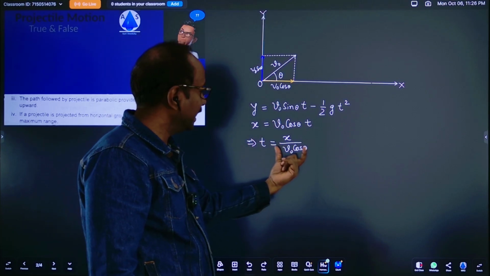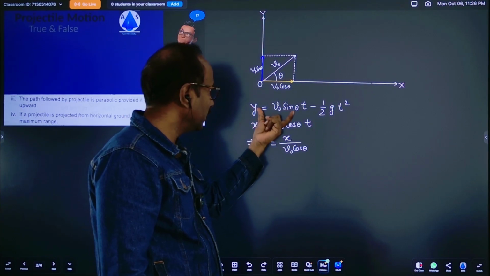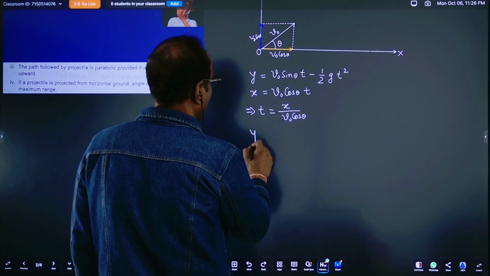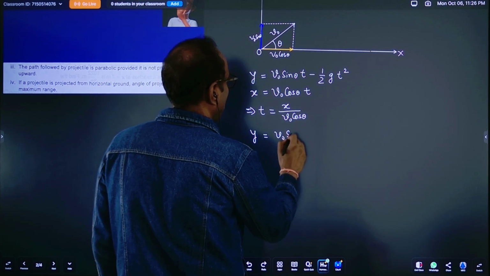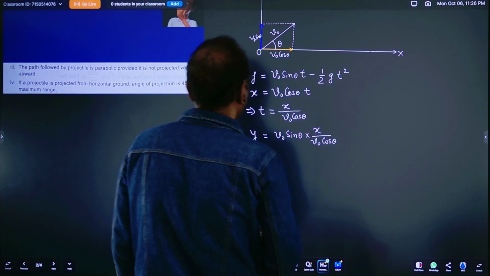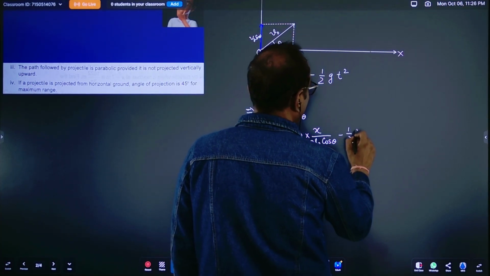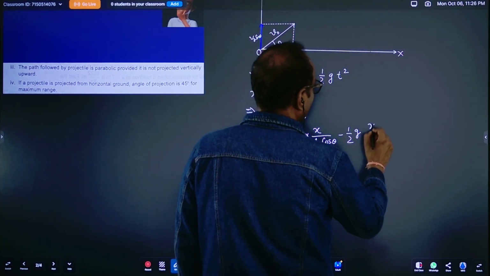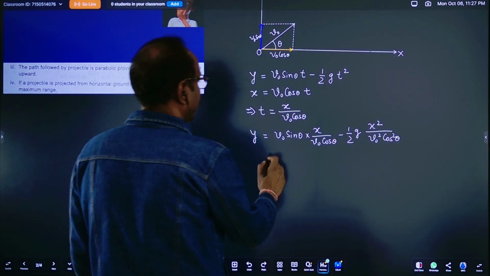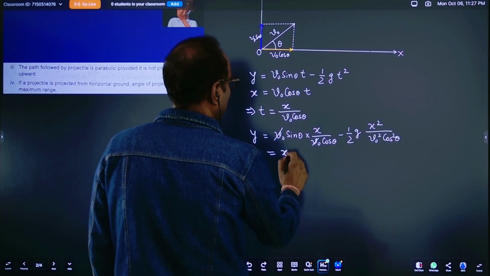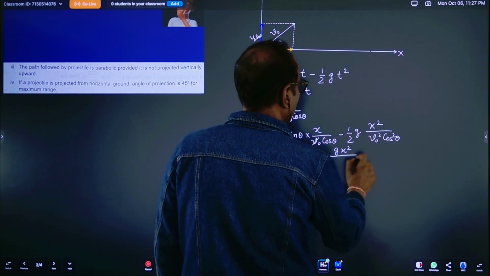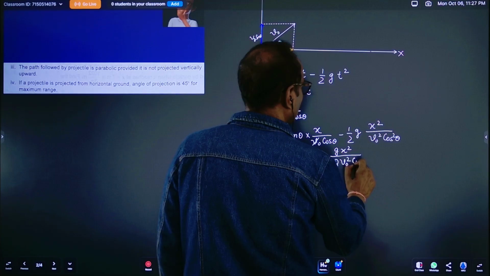If we place the value t equal to x by v naught cos theta in the equation for y, we will get the equation: y equals x tan theta minus g x square by 2 v naught square cos square theta.